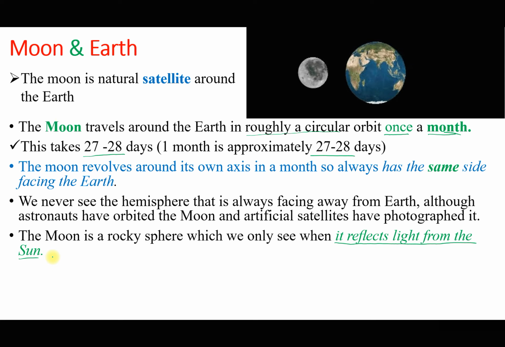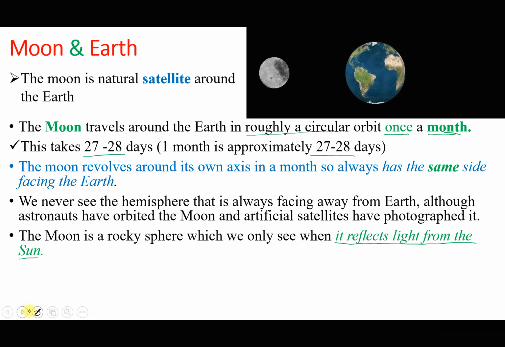So the moon is only visible when it reflects light from the sun, which means during what we call a total solar eclipse, where the earth comes between the sun and the moon, we may not see the moon. We may have what we call a full moon, but a full moon is only seen when there is no total solar eclipse.